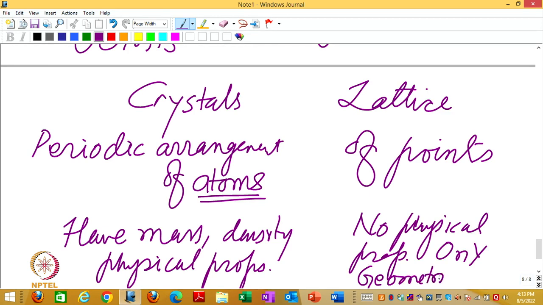Lattice will have only geometrical property, but both are periodic. Periodic arrangement, this is also periodic.